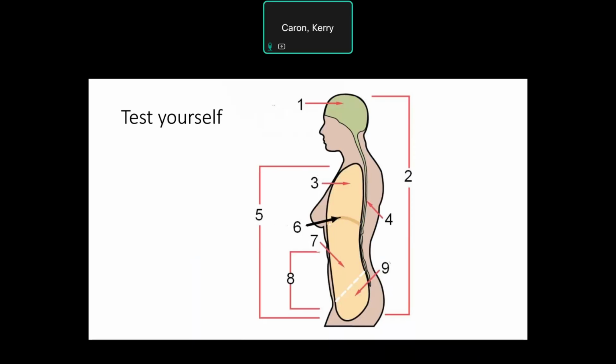That's a little separator. 7 is abdominal cavity. 8 is kind of both. So it's the abdominal pelvic. And 9 is just the pelvic cavity.